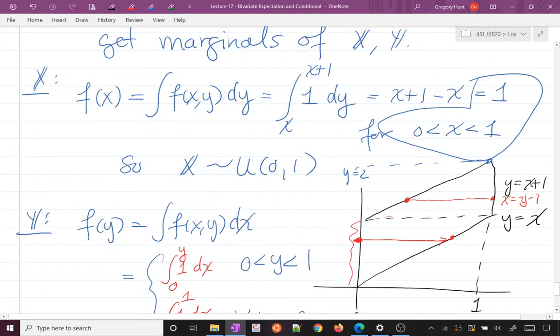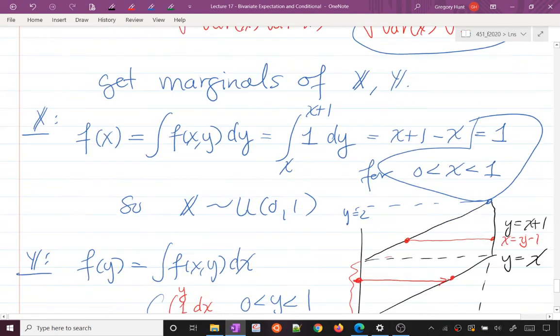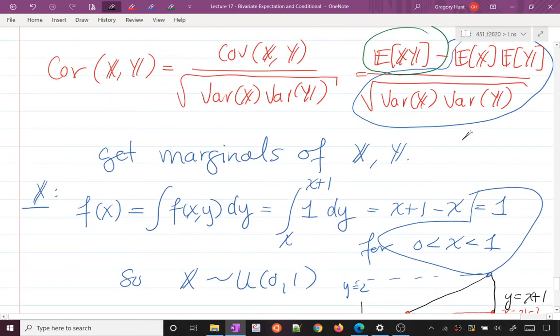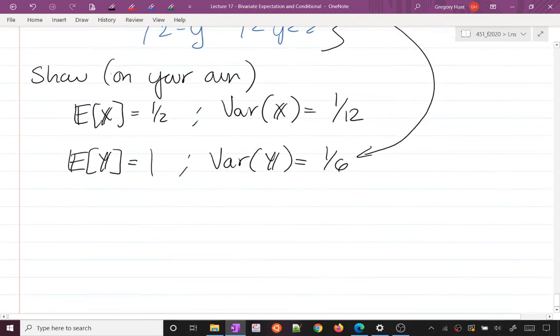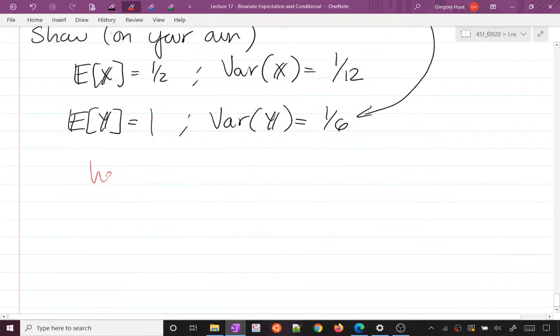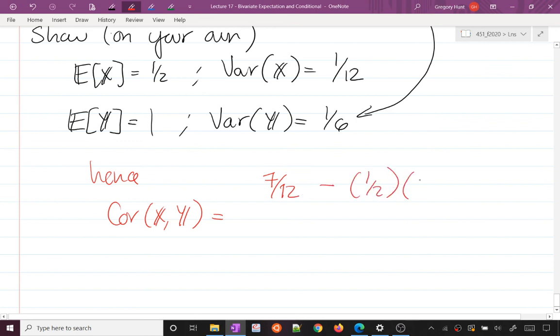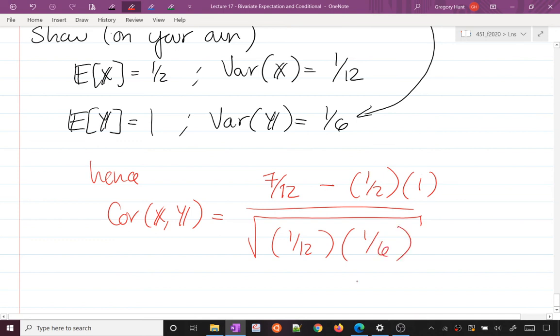This is a good, kind of a little bit long problem, but good to show. Now, given our formula, we just plug in, right? So we can show that if I want the correlation between x and y, it's 7/12 minus the expected value of x times the expected value of y, 1/2 times 1, divided by the square root of the variance of x, which is 1/12, and I'm claiming that you should check that the variance of y, when I integrate that thing, is 1/6.